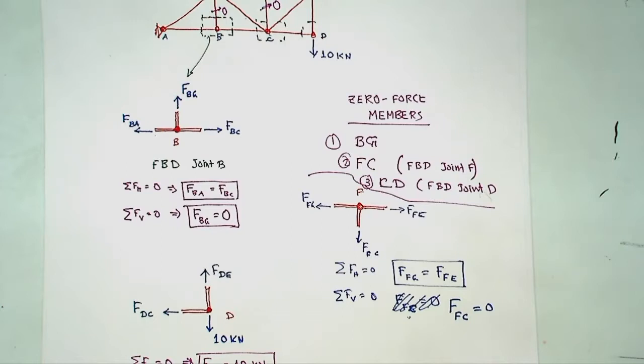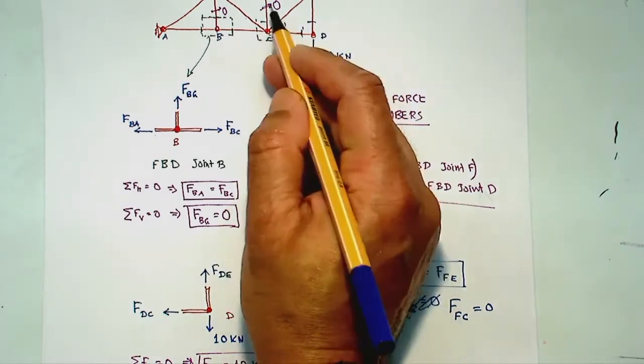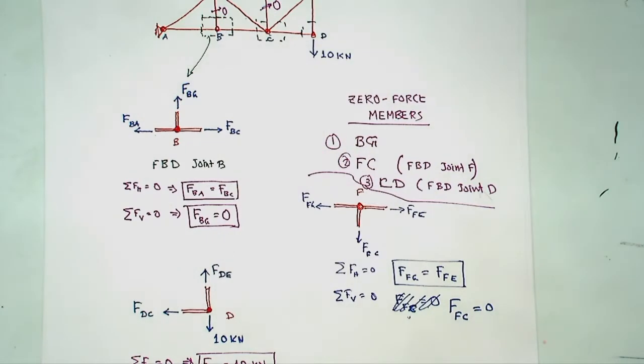How many members do you have? 1, 2, 3, 4, and 5. So this is joint C. Now I have got various forces acting in there. So this is 0 force, nothing there, because we know FC is equal to 0. This is also 0 force, we already know.